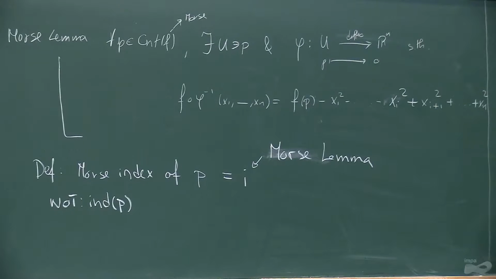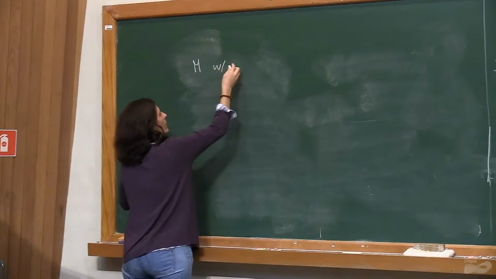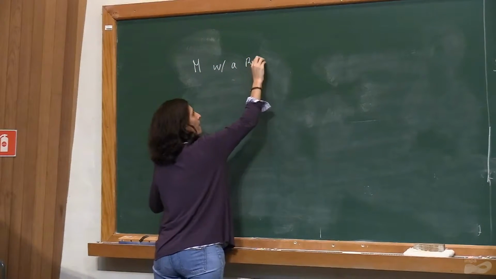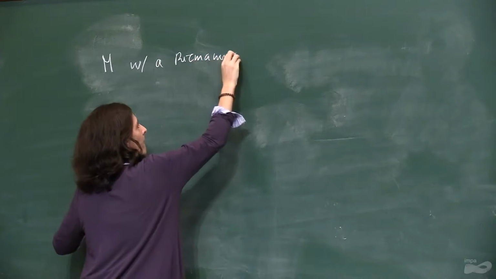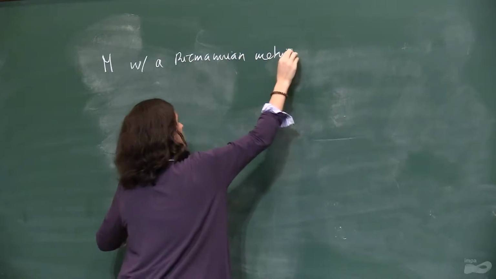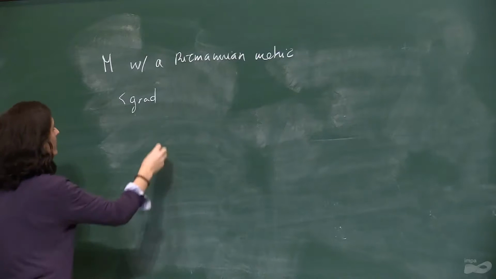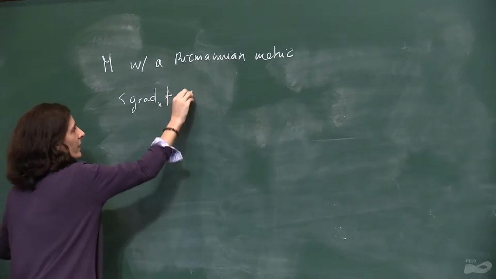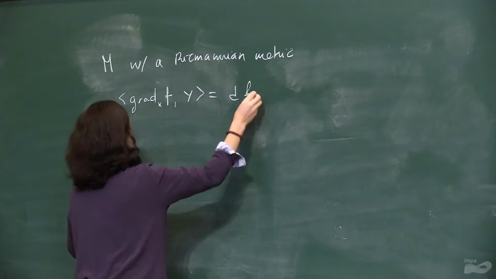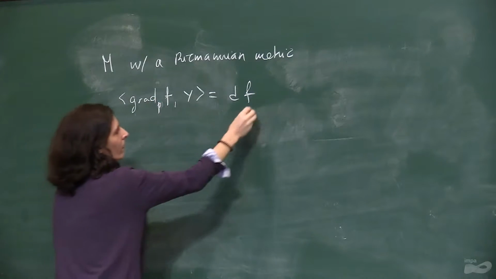So let's assume I have a Riemannian metric on M. So M is endowed with a Riemannian metric. And this way I can define the gradient of f at p in the usual way, right?